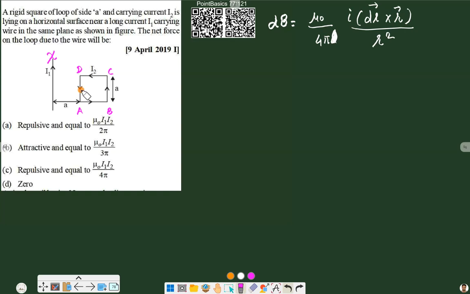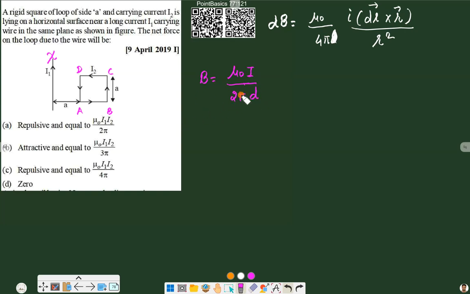We also know that the value of the magnetic field at AD will be different from the value of the magnetic field at CD, so the forces will be different. Now, coming to AB and BC, we cannot have a single value of magnetic field. For an infinite conductor, the magnetic field is given by mu naught by 2 pi into I by d.